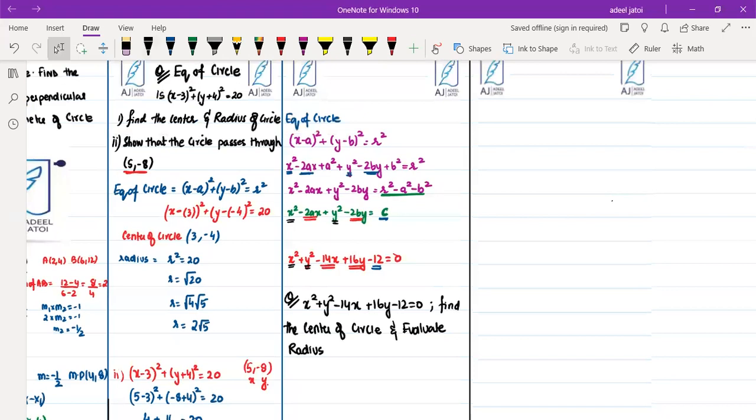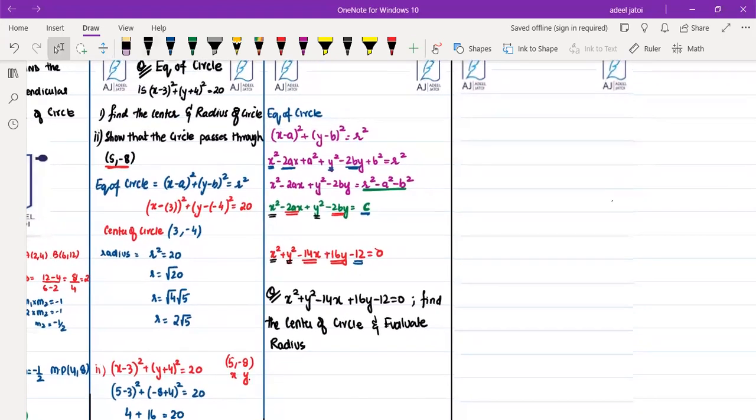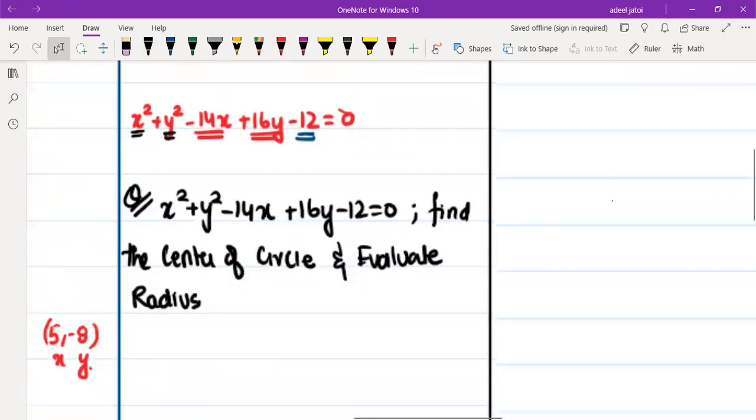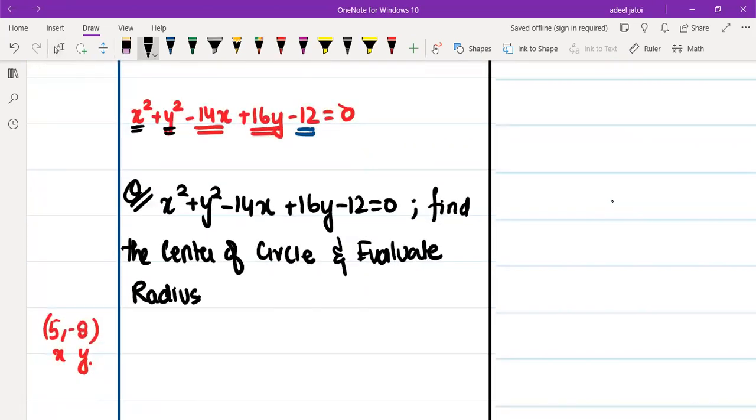So now, since we worked upon the equation and expanded it, let's have the same question, which is x² + y² - 14x + 16y - 12 equal to 0. Find the center of the circle and evaluate the radius.